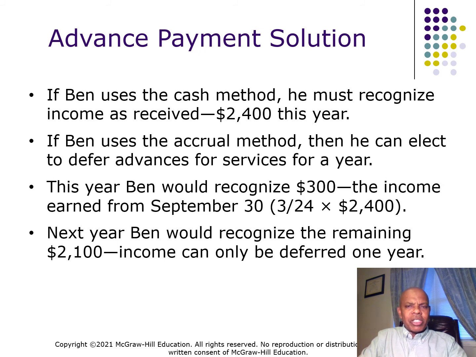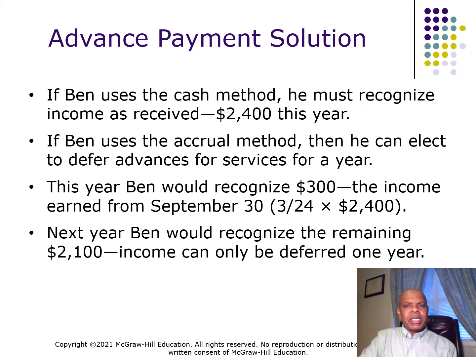Okay, let's take a look here. If Ben uses a cash method, he must recognize the income he has received, $2,400 this year. If he uses accrual method, then he can elect to defer advances for service for a year. Now this year, Ben would recognize $300. How do you get the $300? The income earned from September 30th to December 30th, 3 months, right?